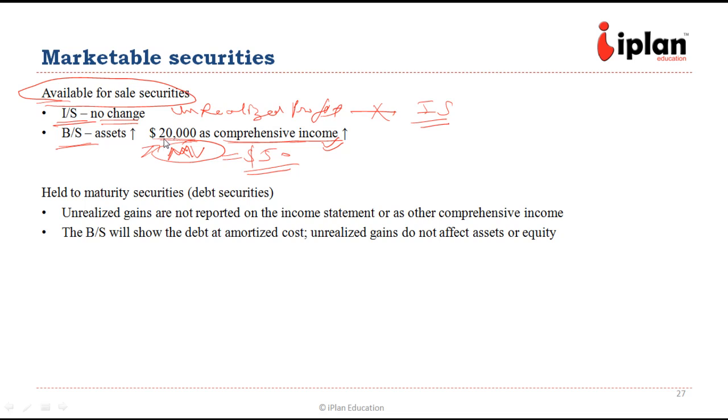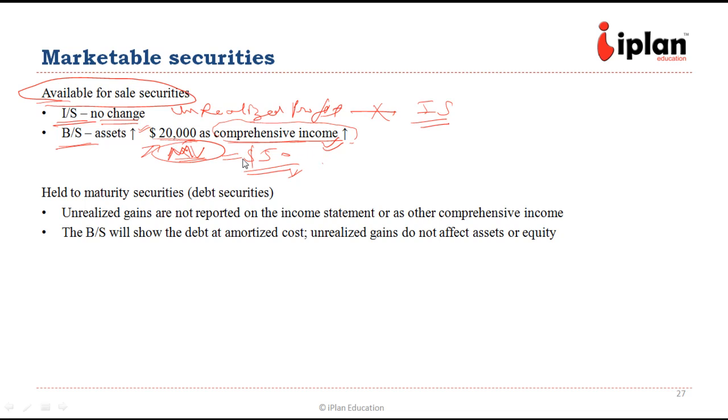So the extra $20,000 should form part of comprehensive income in the balance sheet. So this income of $20,000 is not part of the income statement, but it is a part of the balance sheet in the form of comprehensive income. And because of that, we can show the market value of those securities to be $50.